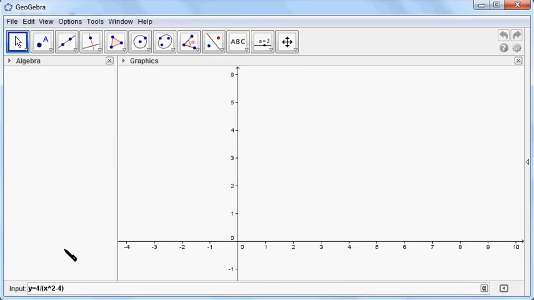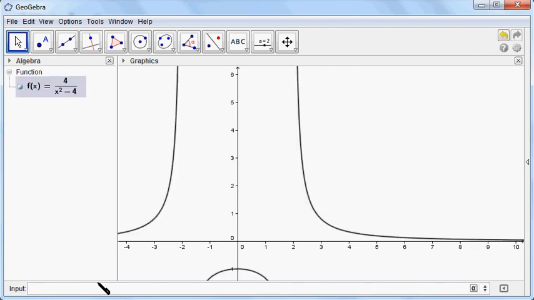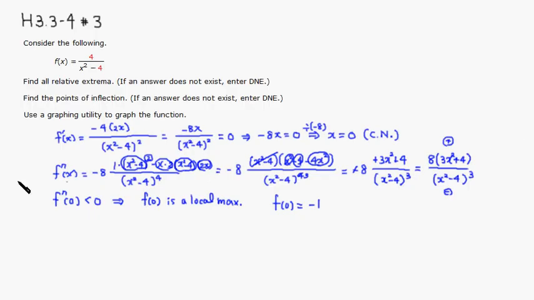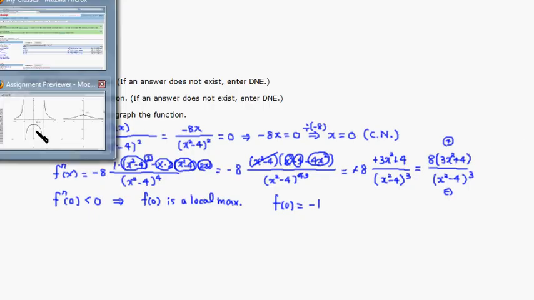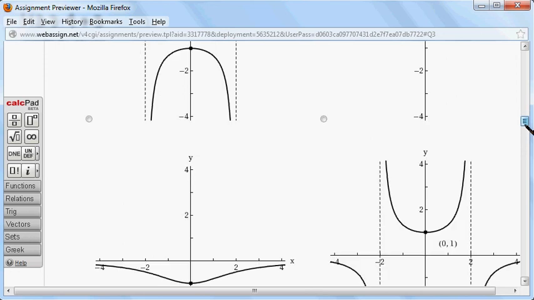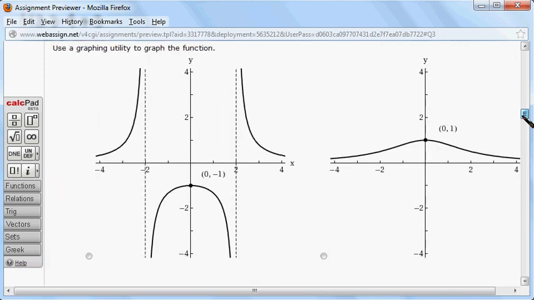Then hit enter. So this is the picture. You have it going like this, and you have a concave down shape in the middle. Let's pick the right graph. This looks promising, and let's see if there's anything else. Nope, this is the only one, so this has got to be it.